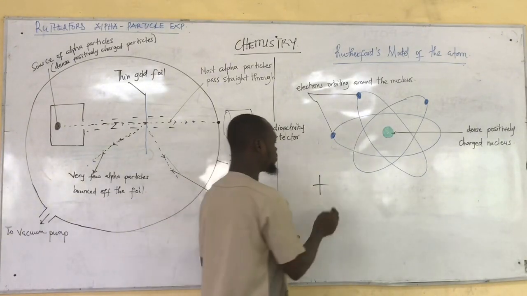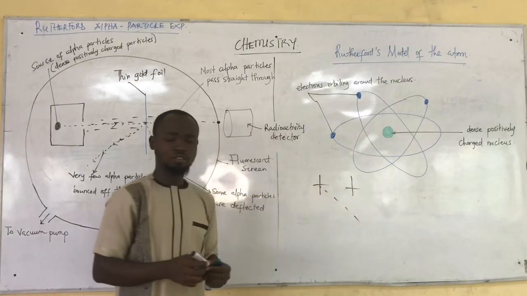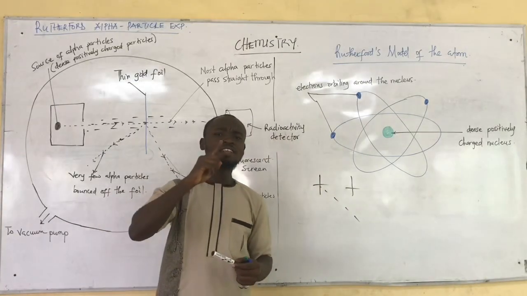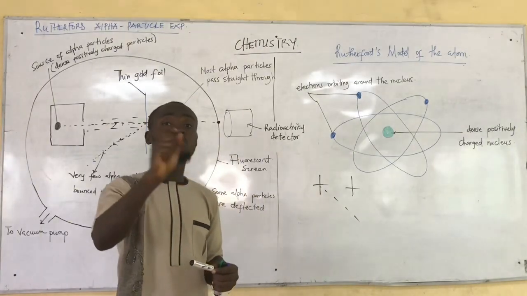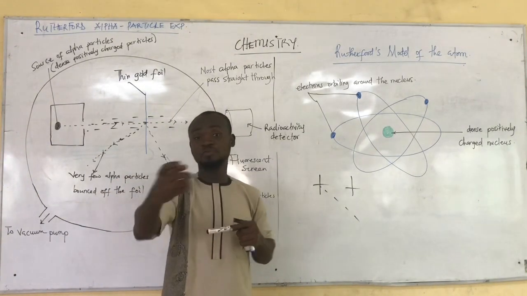So there will only be deflection if they come into contact with another positive charge. Rutherford reasoned that it means the alpha particles came close to a certain positive center. That is why they were deflected.